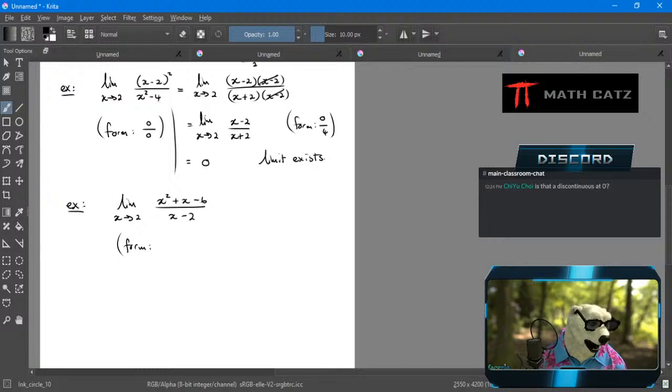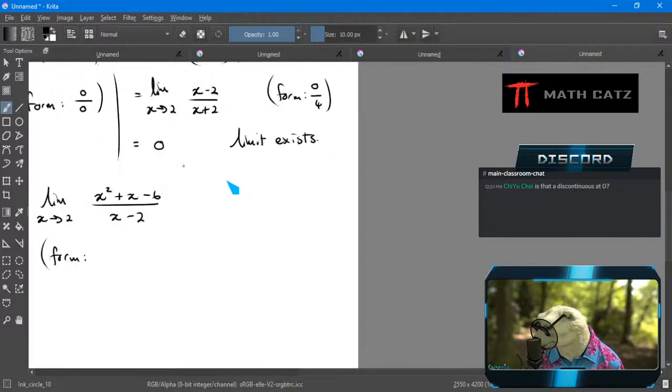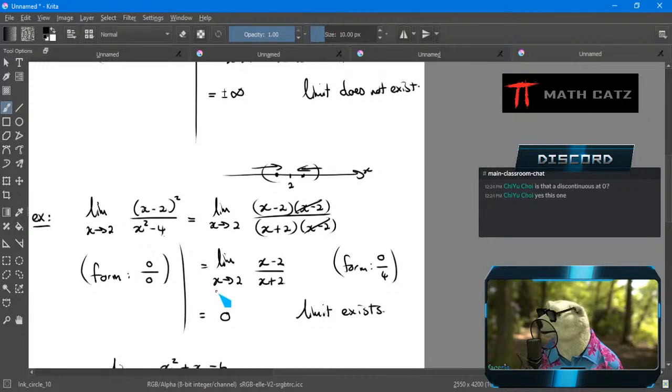Limit exists. Is that a discontinuity at 0? I'm not sure where you're looking at now. If I'm talking about that example, the second one we did on this page, my original function is definitely discontinuous at 2, right? Can't plug it in.